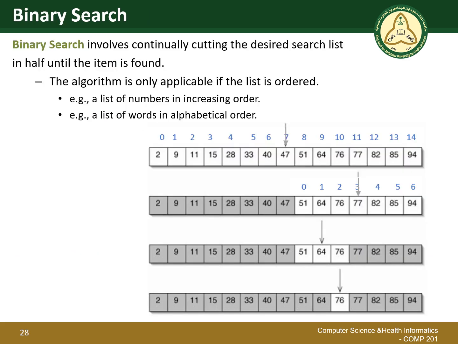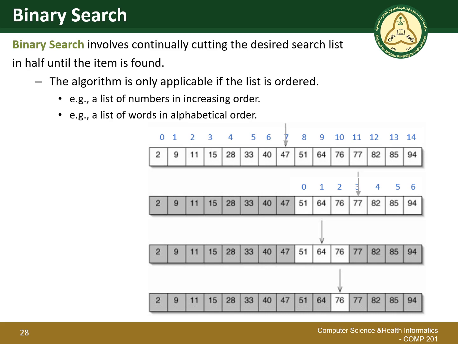Binary search involves continually cutting the desired search list into half until the item is found. Every round we will cut this list into half again and again. The algorithm is only applicable if the list is ordered. That's why we call it a restricted algorithm.